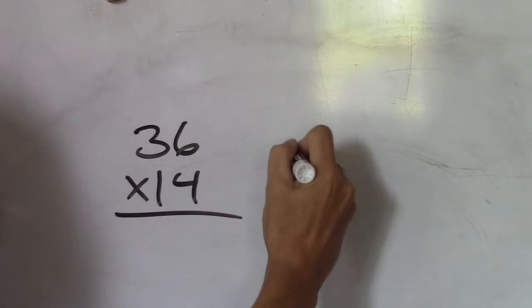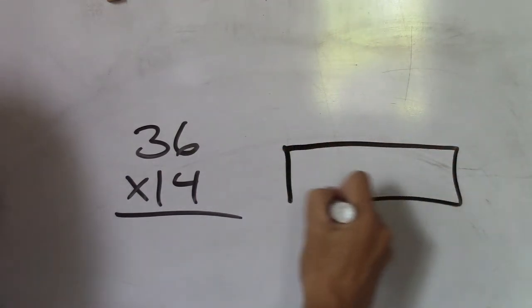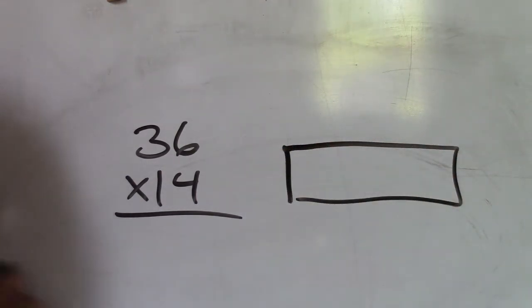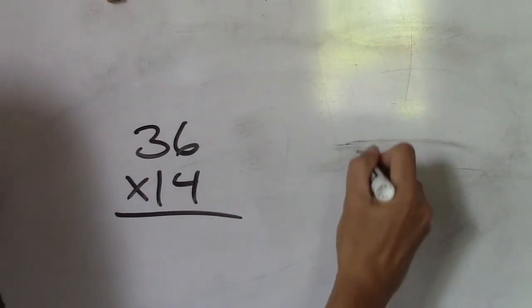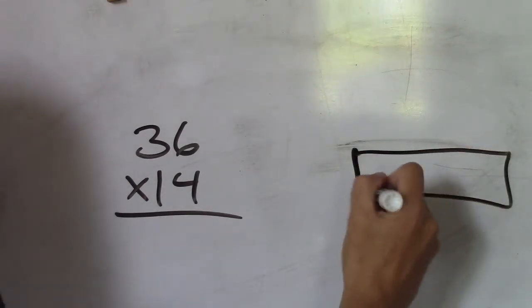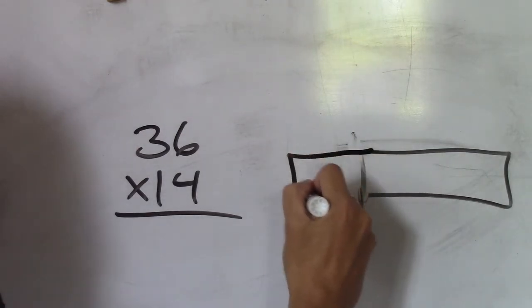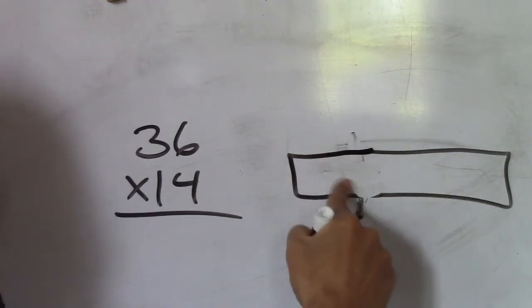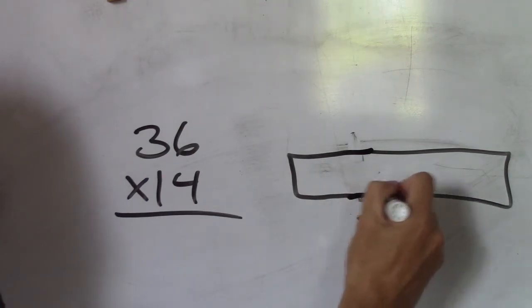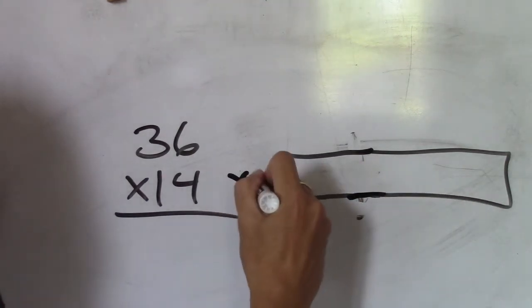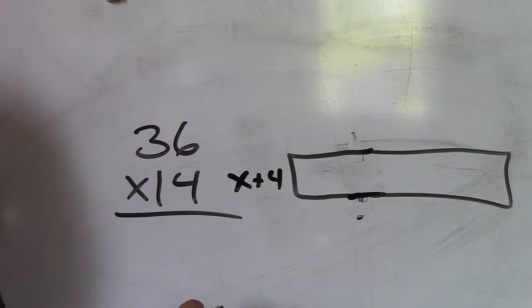I'm going to turn it into the rectangle in one side. So the whole rectangle is going to be 504. This side's going to be x plus 4. 504. Alright, so what do we have?